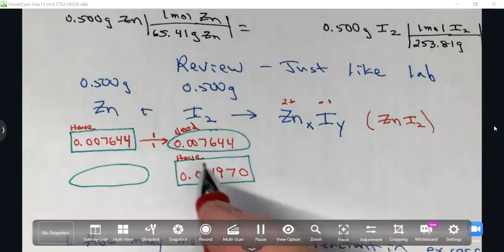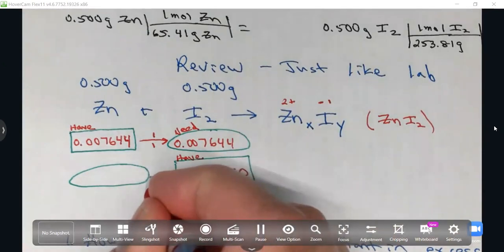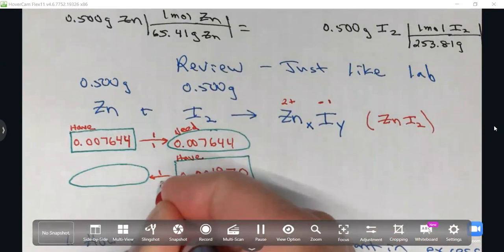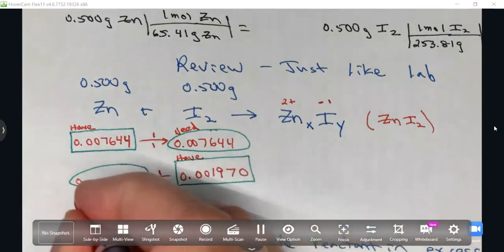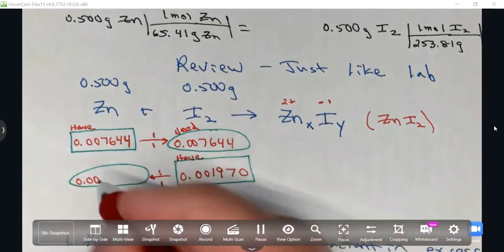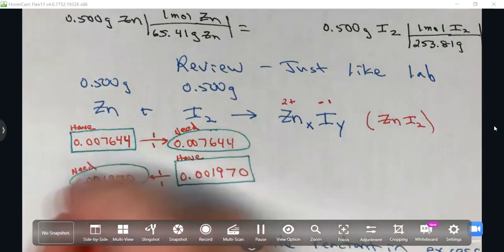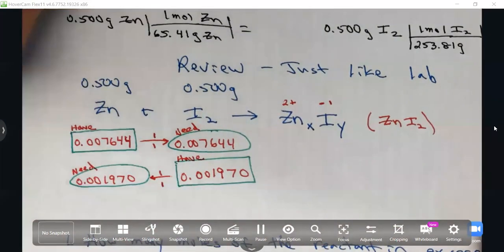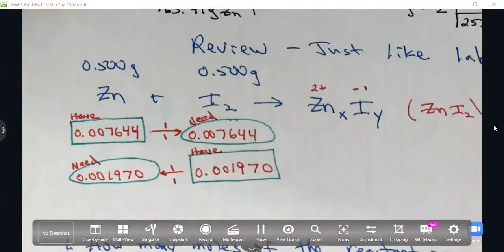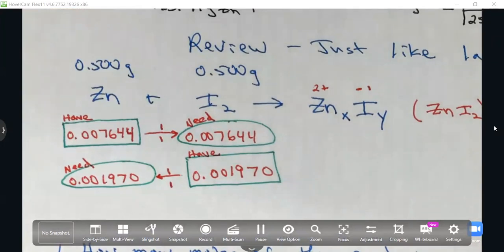And if we figured out iodine first, if we went this way, we would need the same amount here for zinc. So once we get here, which one's limiting? Your iodine is limiting, right?